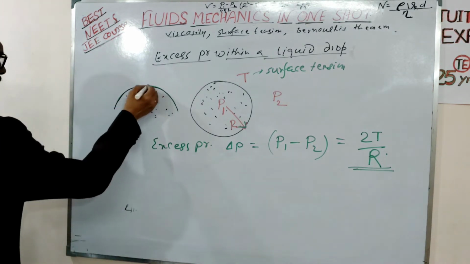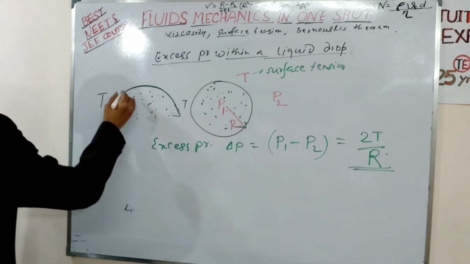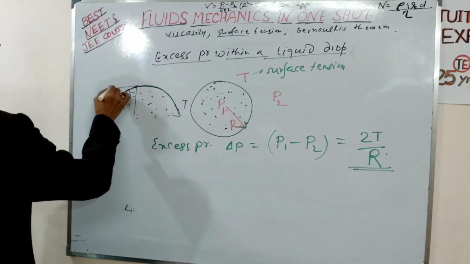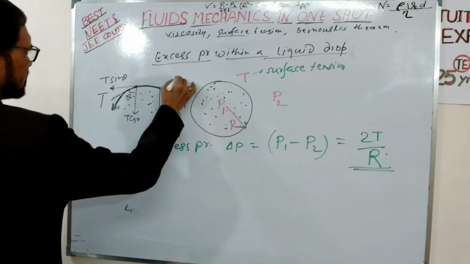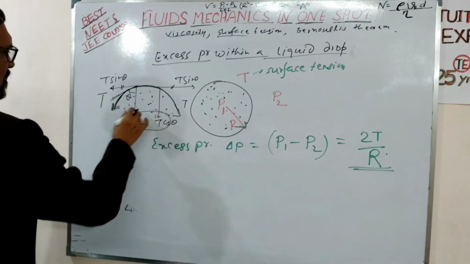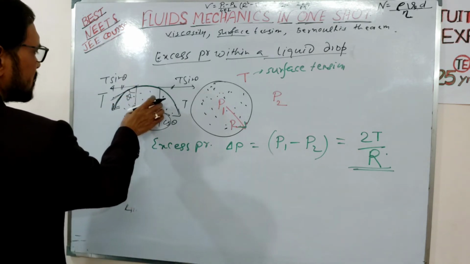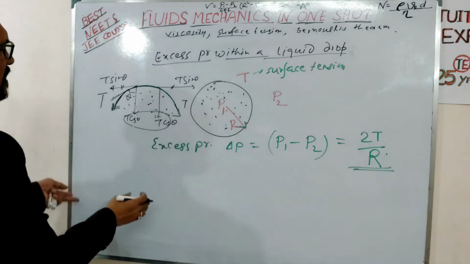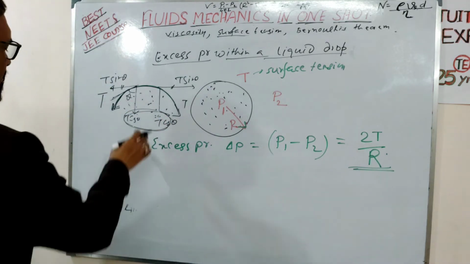Because if we consider this curvature, then surface tension acts in this way, T. If we split this way, suppose this is theta, so T sin theta and T cos theta. T sin theta cancel each other. T cos theta acts within the liquid, that is a force acting within this liquid. Force by area is pressure, so pressure is more than outside. So due to the curvature, extra force is produced at this place, so pressure is created at this place.